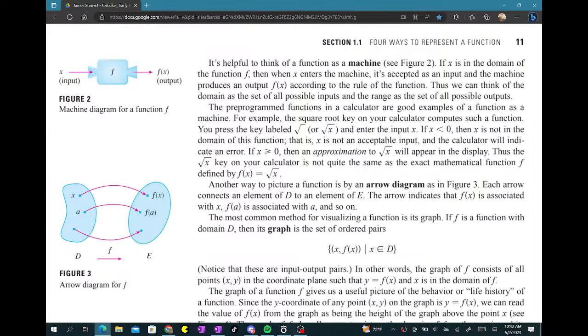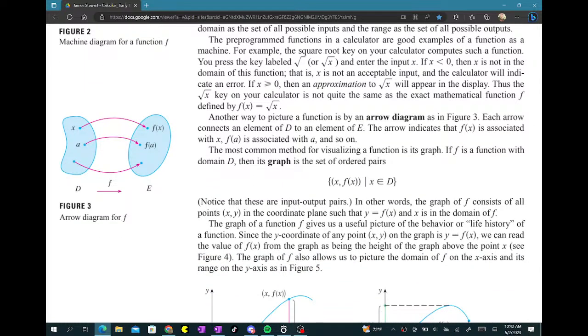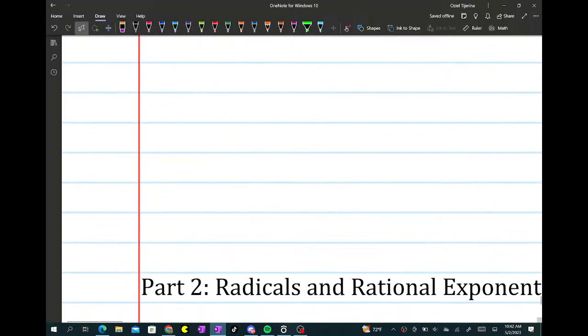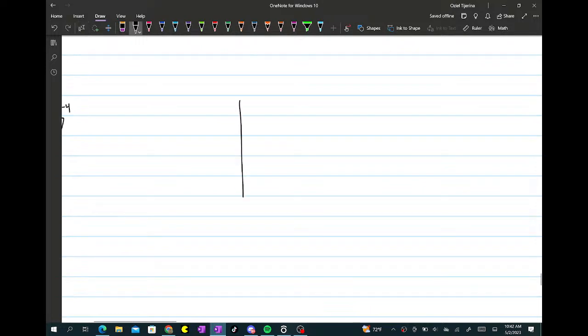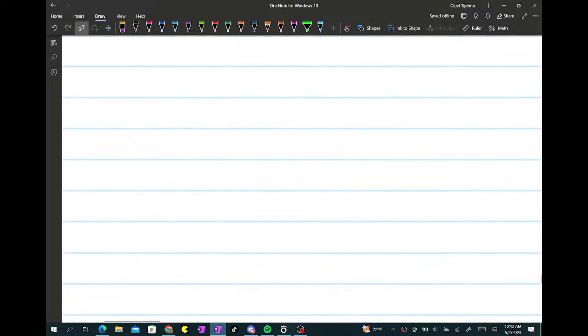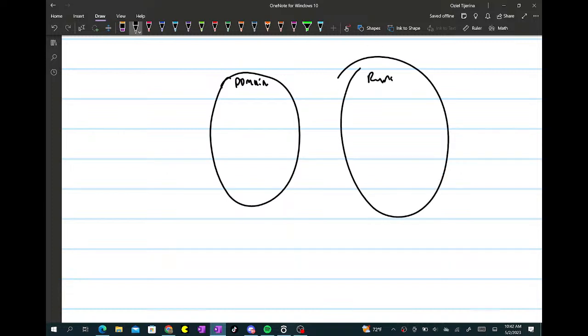Another way to picture a function is by an arrow diagram. So this is another way to do it. Like when we would do in algebra, they would always give these things where this was called the domain, and there was another circle here and it was called the range.